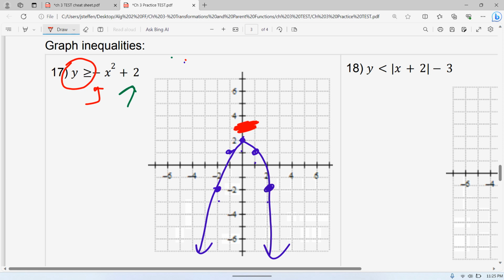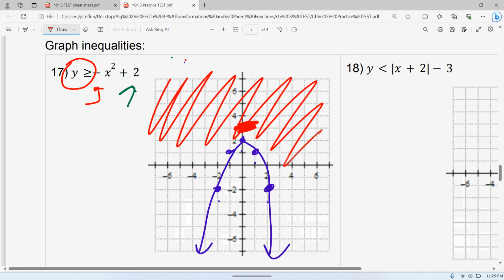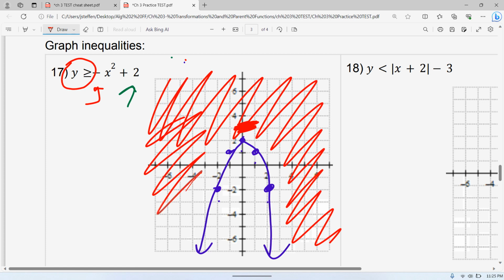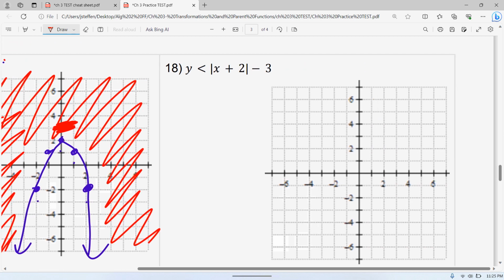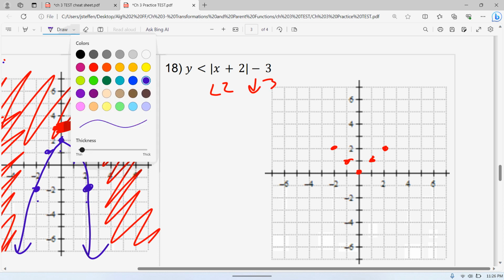I'm going to get rid of this mess because that is confusing. That's solely for your benefit. And this is dotted. Remember, if you want to, you could make it solid and just label it dotted. Do we shade above or below? Below, so my vertex is right here, and below ends up being outside my absolute value graph.